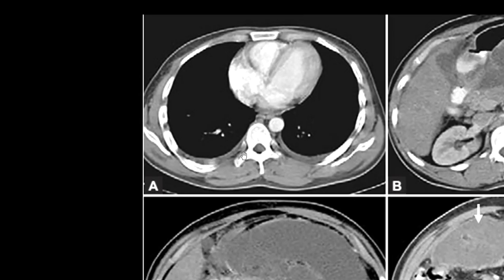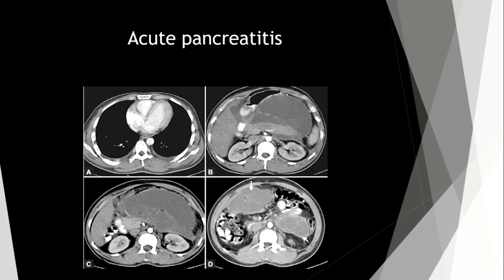Because here at the bottom we have fluid in the pleural cavities. This is one of the signs of pleural effusion. It's one of the signs of acute pancreatitis. Okay, this is pleural effusion.